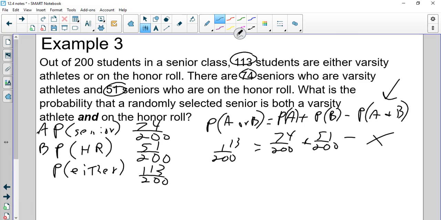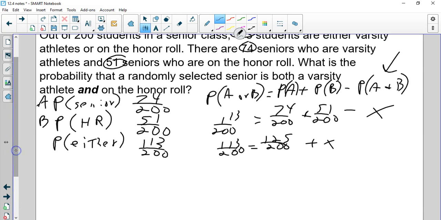So now it's just back to simple algebra. 113 out of 200 equals 125 out of 200 minus x. If I subtract 125, I'm going to get negative 12 out of 200 equals negative x.